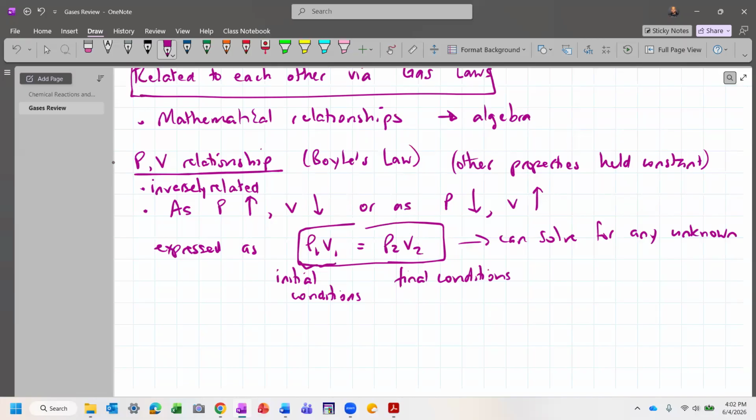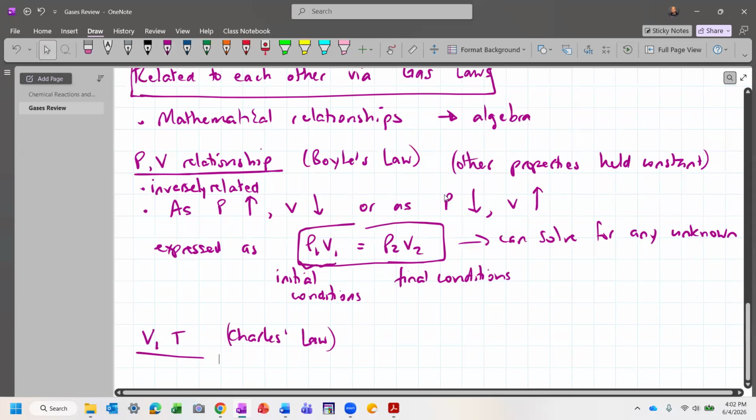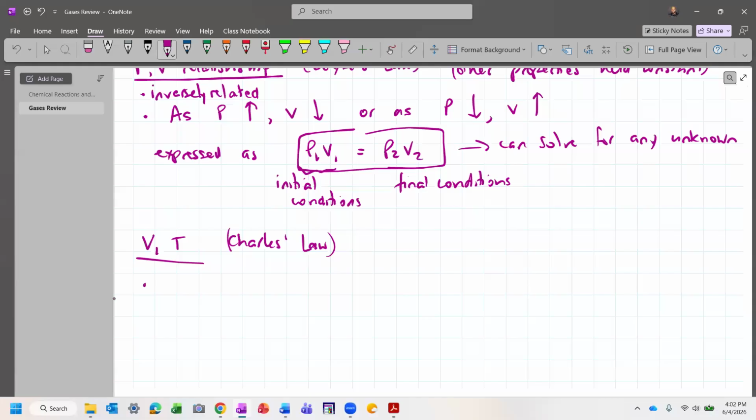The other one we'll take a look at here is the VT relationship. This is Charles's law, and this is a direct relationship. So V and T are directly proportional to each other. In other words, as the temperature goes up, the volume should go up as well, or as the temperature goes down, the volume should go down as well.